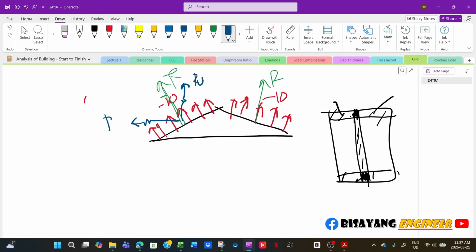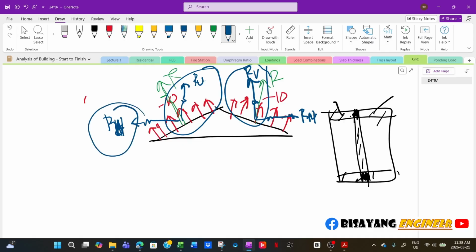So this is RV, RH, and this is also RV, RH. Now, the RV components are fine, they are all upward. But if you notice, the RH cancel each other. So which one do you think produces a bigger lateral load? Because if you use components and cladding, your horizontal load is zero.